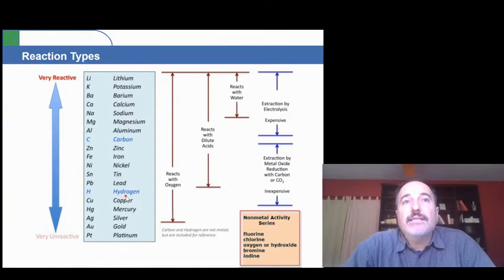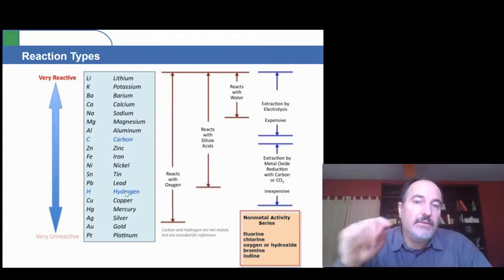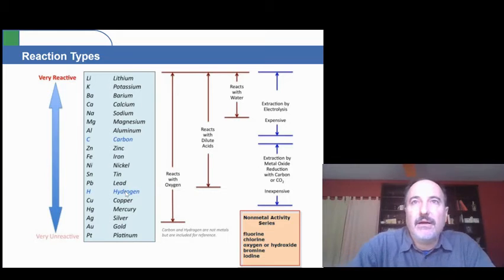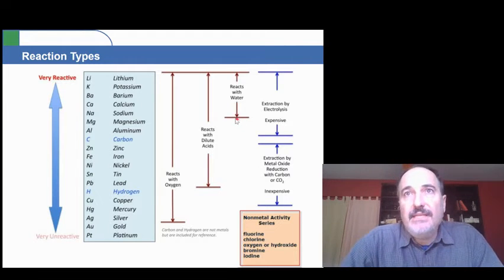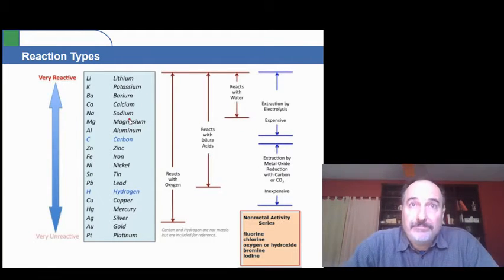And by the way, if you notice, hydrogen and carbon, even though they're not metals, are still part of this list, because sometimes in weird situations, they play the role of the metal and are the first element in the compound. These substances will react with water. Everything from here up will react with water.